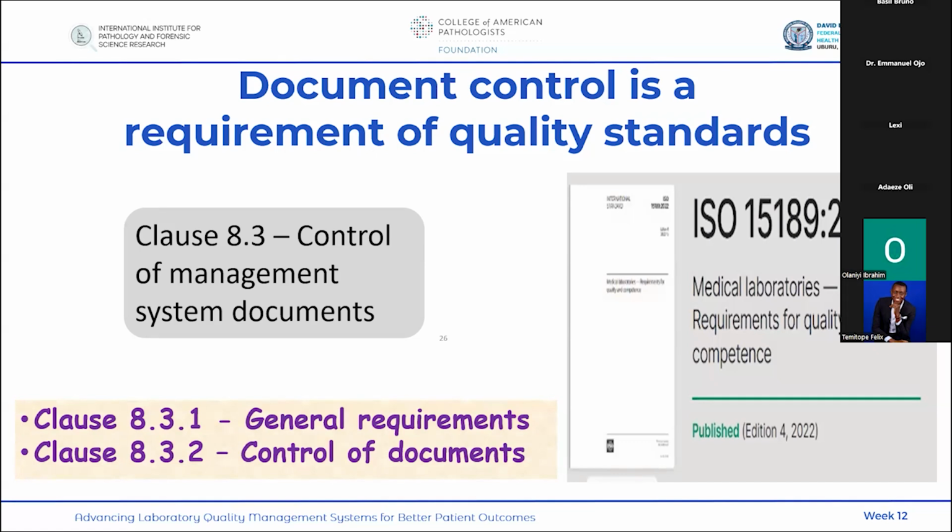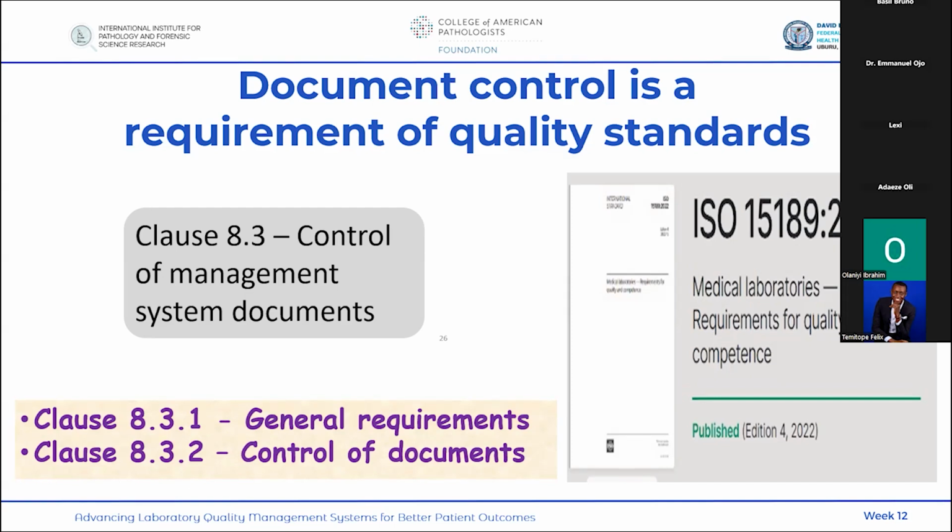I'm implementing QMS based on this standard. So it tells me what the requirements are concerning a particular activity. Document control is one of the requirements of ISO 15189, and we see that in clause 8.3. In 2012, it used to be clause 4.3, and it is called document control.